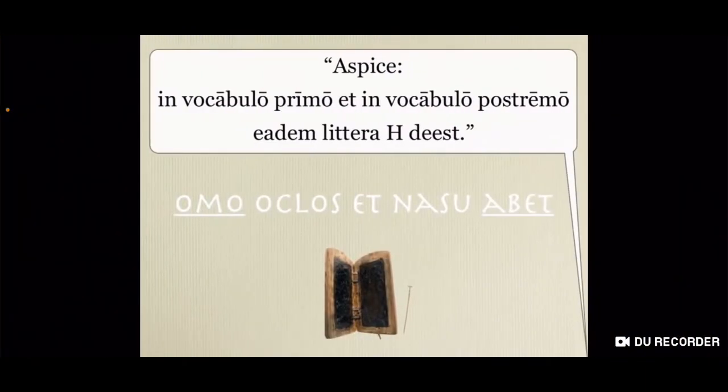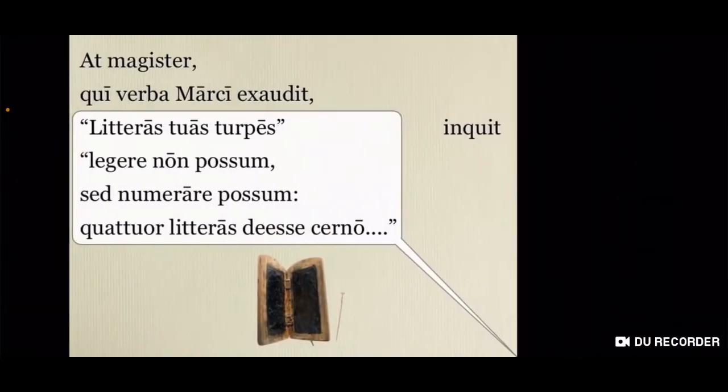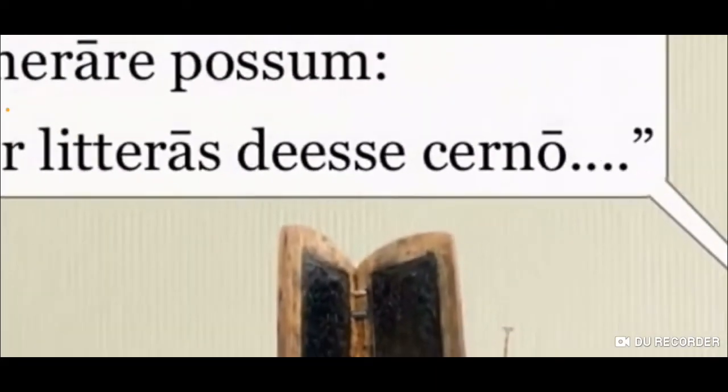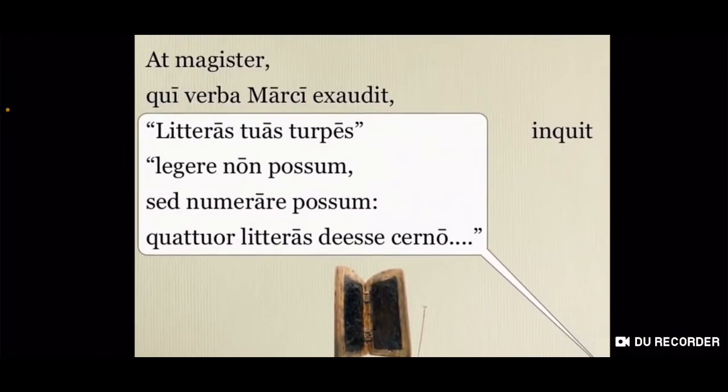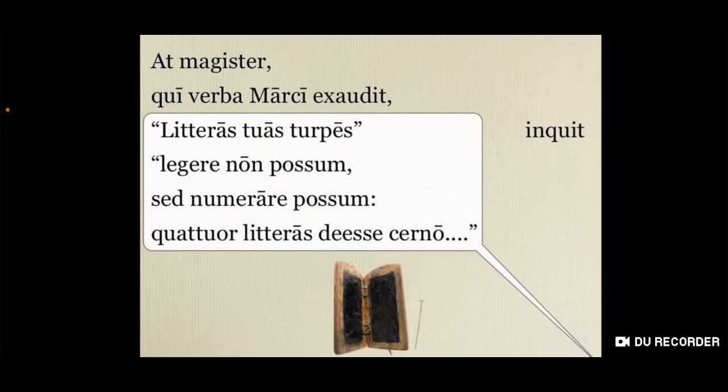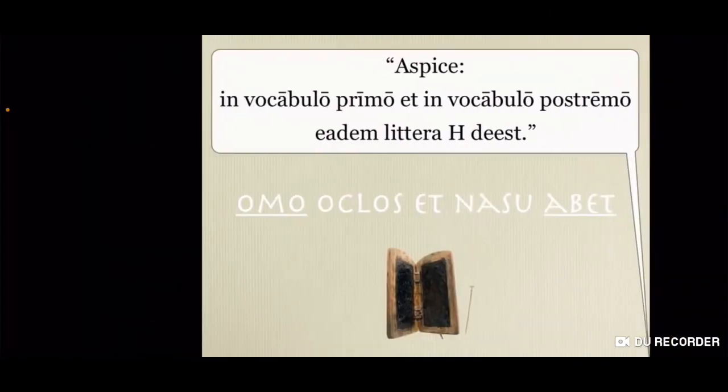Aspice in vocabulo primo et in vocabulo postremo eadem littera h deest. Look, in the first word and in the last word, the same letter H is missing. So that's another way I make out 4 missing letters. So missing, mistake, those type of words. Based off the context, you'll be able to use which one.